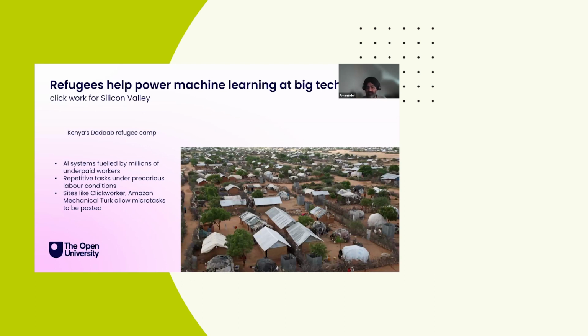So this is a hidden abode of automation, a globally dispersed complex of refugees and slum dwellers compelled to power the machine learning of companies like Google, Facebook, and Amazon.